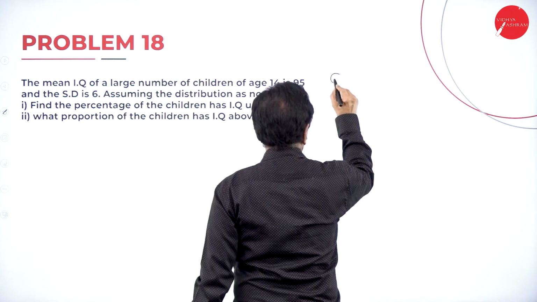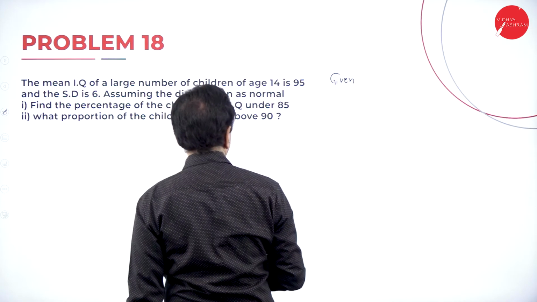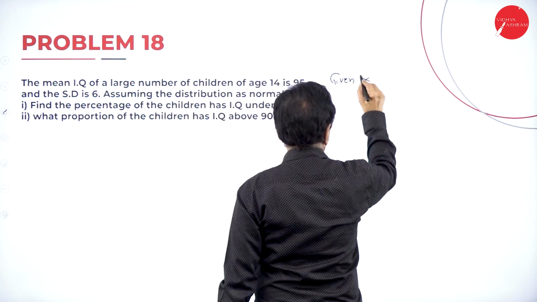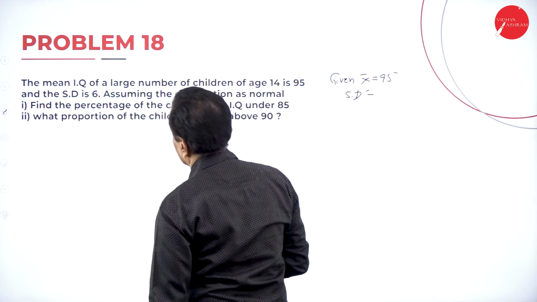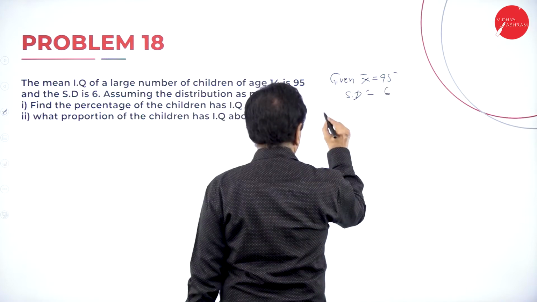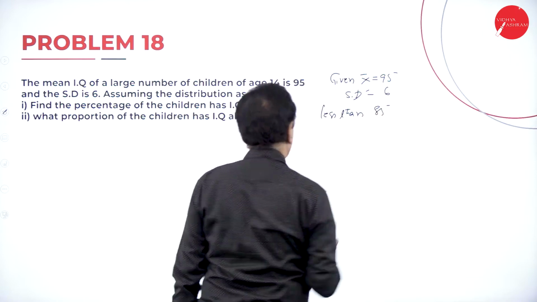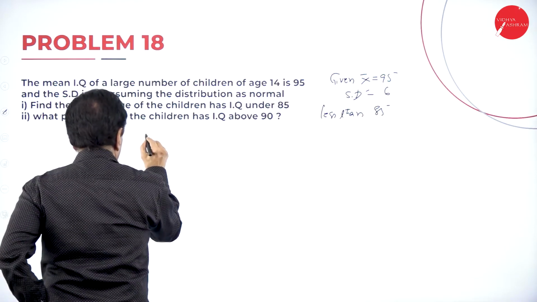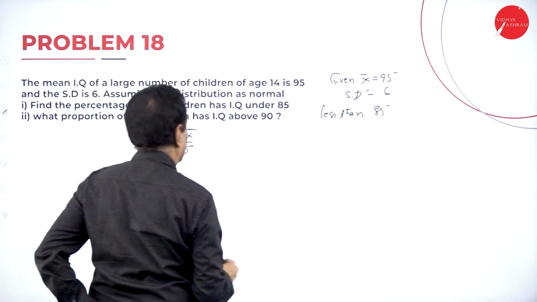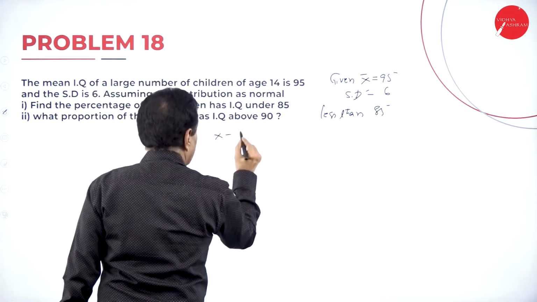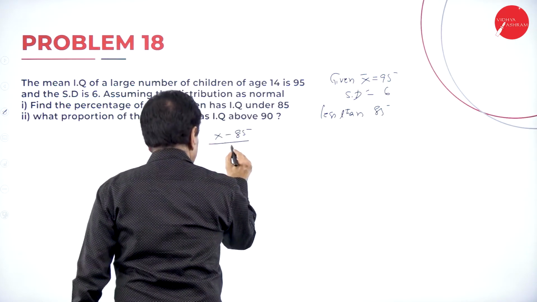Given: the mean is 95, the standard deviation is 6, and under means less than 85. What is the standard formula? Z is equal to x minus the mean divided by the standard deviation.